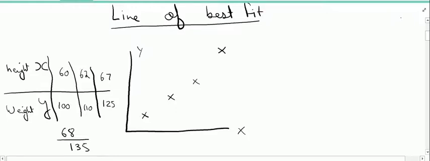Let's add a couple of more values. Let's say we have 62 and 125 as well, somewhere over here. And let's say one more value was 64 and 150, or let's say 140.